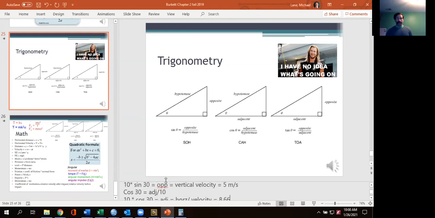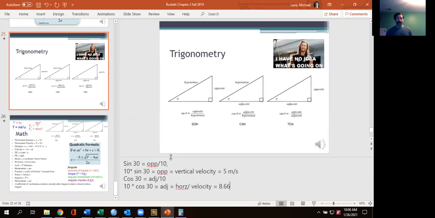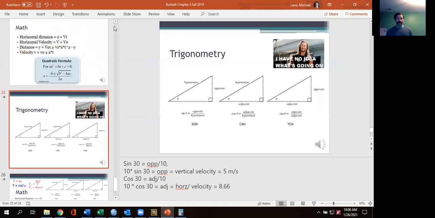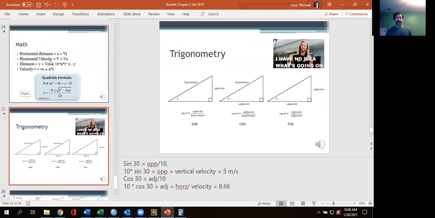Okay. So the next question we could do with this is effectively go and look at our horizontal distance and our vertical distance. So we could effectively go, okay, given this information, effectively after 2 seconds, how far would the ball have gone? So the horizontal is really easy. We just do 8.66 times 2.